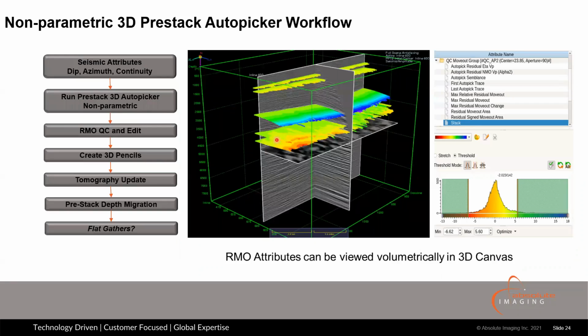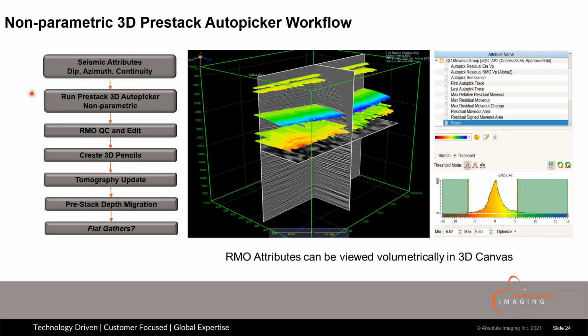an automatic picking as well, and you will be developing a few parameters, attributes that describe the quality of your picks. Based on those, you can eliminate some outliers and bad picks. The idea is to put into the tomography only the most reliable picks, the ones we trust, right?